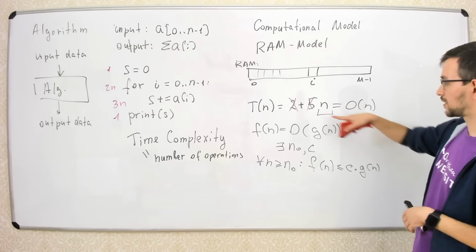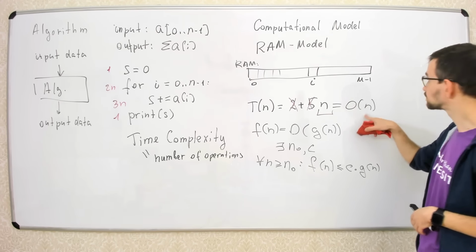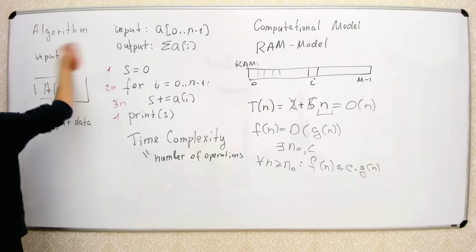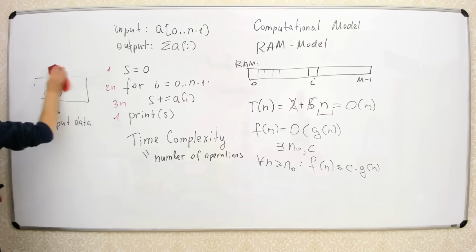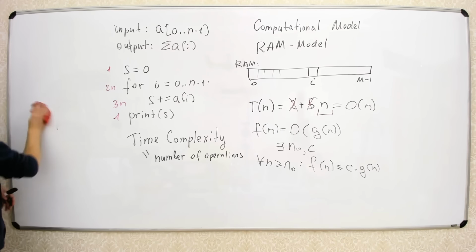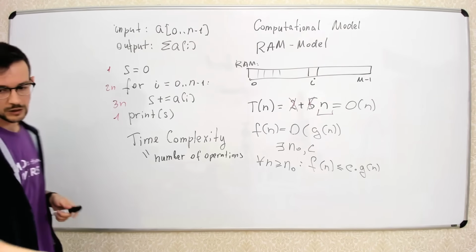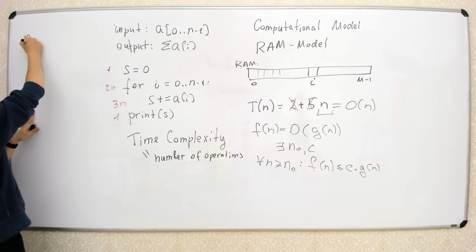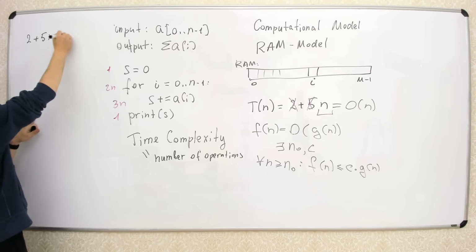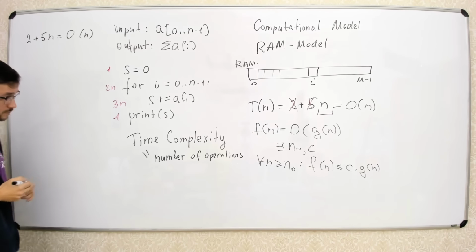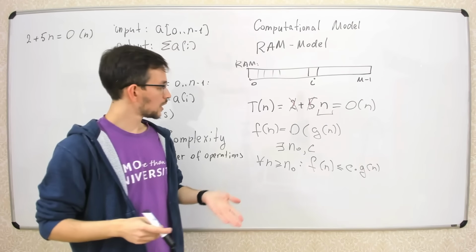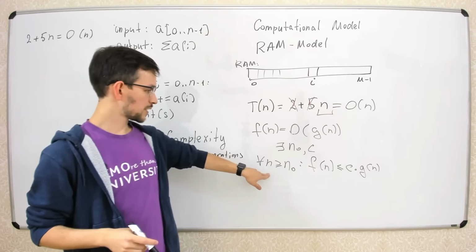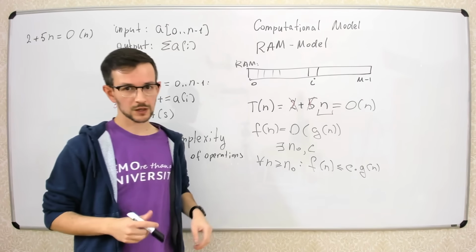Let's prove that this function is actually big O of n. We want to prove that 2 plus 5n is big O of n. How to prove this? We need to find some constants n0 and c such that this holds.